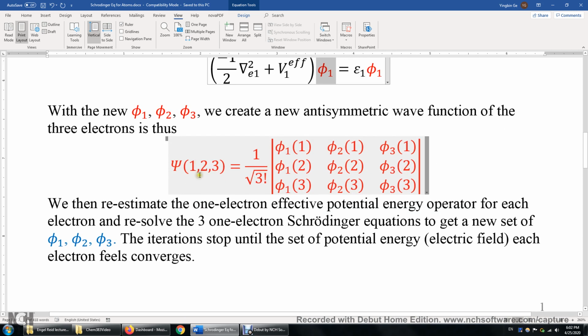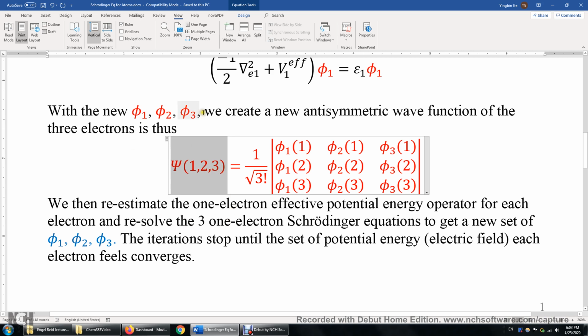Alright? So those phis are atomic orbitals. And then we keep doing this. We keep getting a new set of phi1, phi2, phi3. We keep getting a new psi, the total wave function of 3 electrons. And this is an antisymmetric total wave function of the 3 electrons.